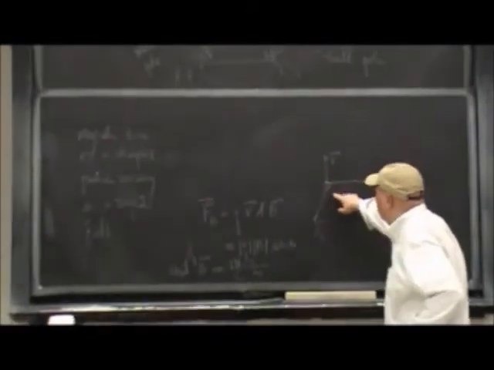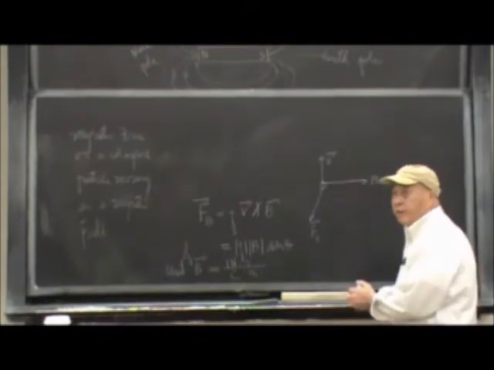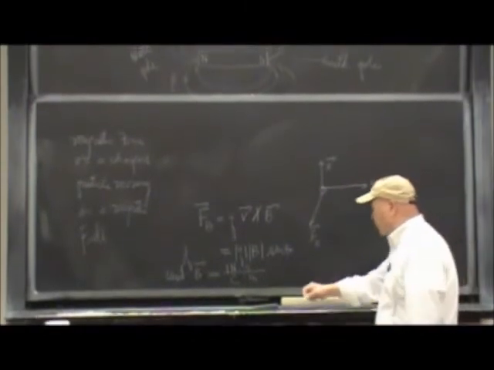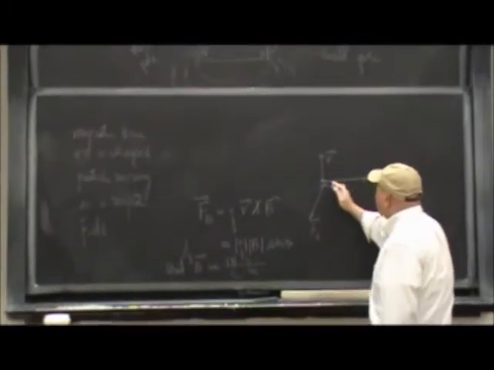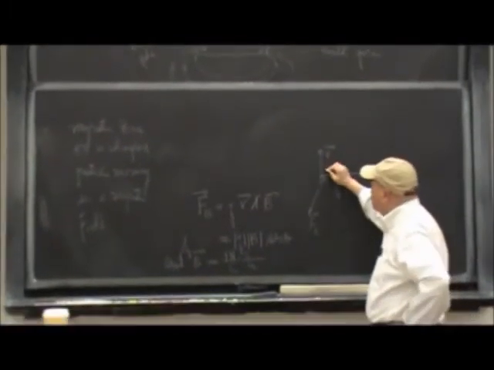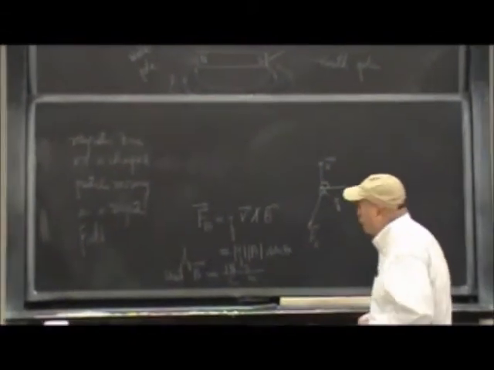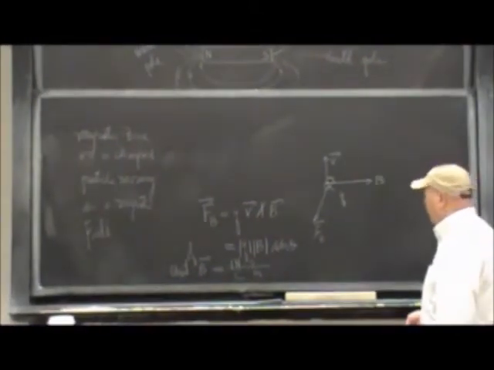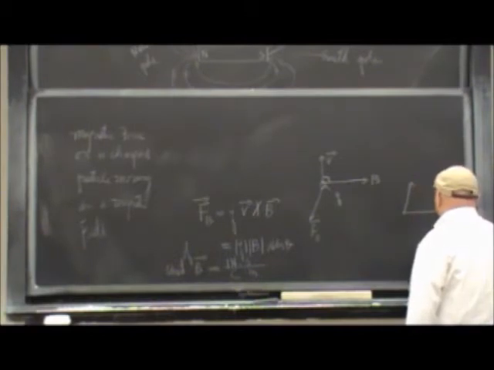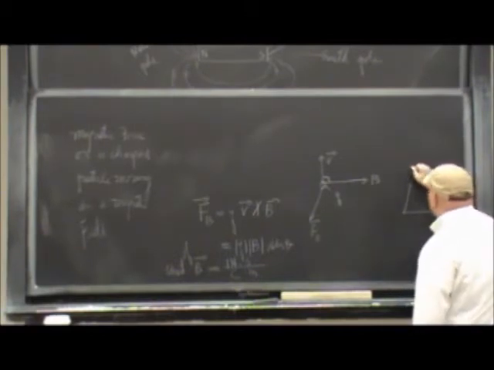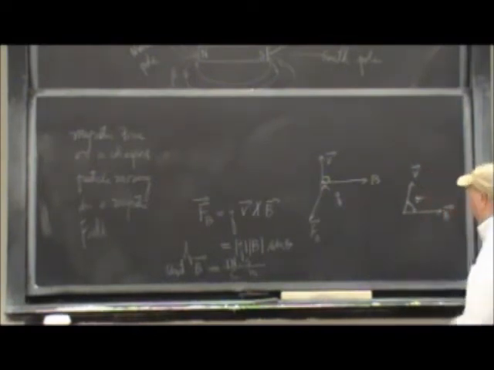That means if a magnetic field goes this way, and an electrical charge, called Q, is moving in this direction, which is perpendicular or at an angle, you can draw it this way. In here, we have an angle theta.